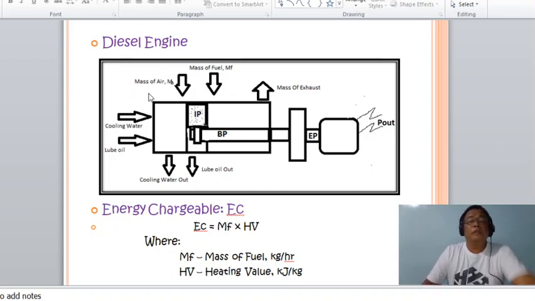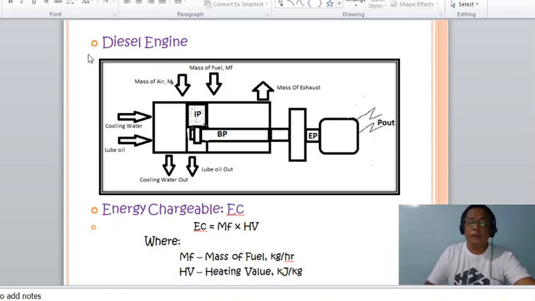So the mass of the exhaust will also go out. Of course, the mass of the exhaust is the summation of the mass of the air plus the mass of the fuel. Okay? So let us now proceed to the energy carried by the mass of fuel.